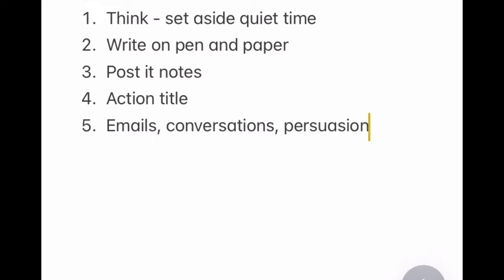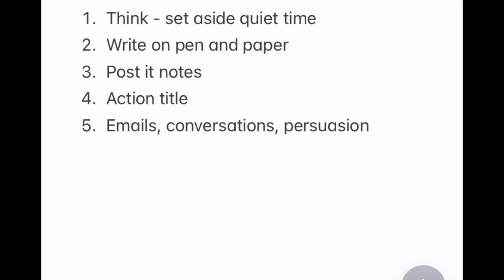Because when there is a data flow, facts, and reasoning involved, you are trying to really convince somebody of something. So you can apply it in such conversations for persuasion. All you're trying to do is convey the message simply, effectively, in a structured manner. That's what we're doing with the storyline.